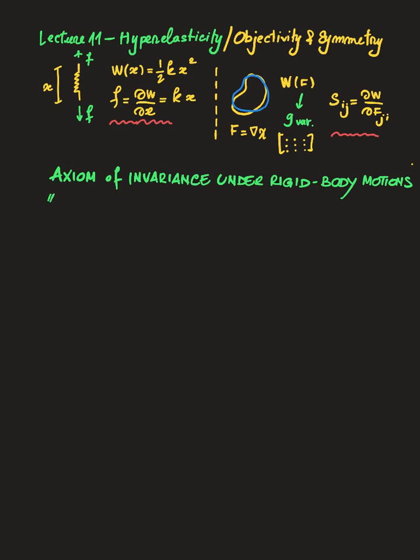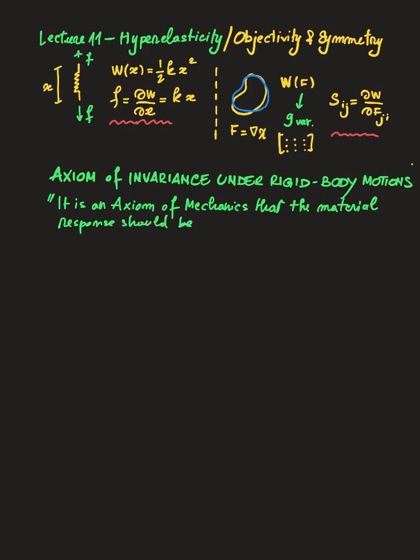It is an axiom of mechanics that the material response should be, and here the key word that establishes a connection with what we've been saying in the last lecture, should be objective.